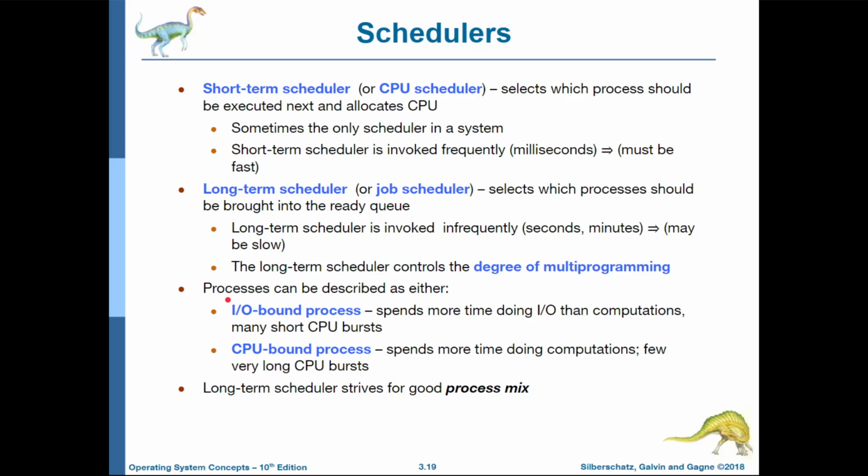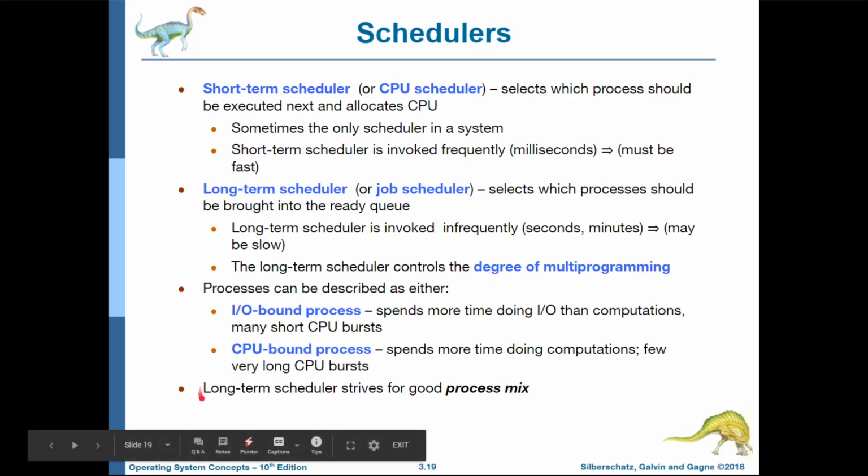What does your grandma do whenever they click on a button and it doesn't react quick enough? They continue clicking on it again and again and again. That's not a very responsive interactive system. And grandma is considered an I/O-bound system. So the operating system should be very responsive to those processes.